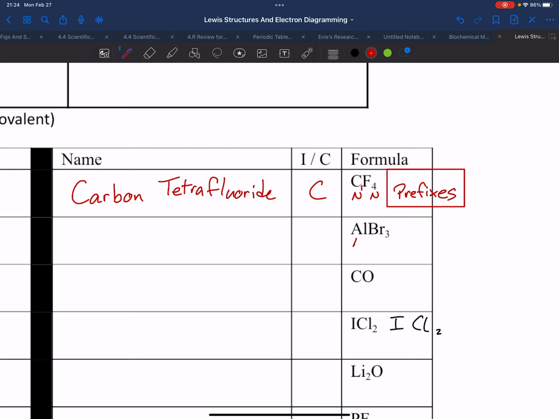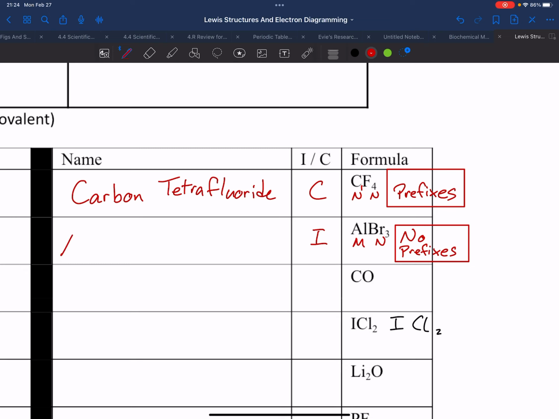AlBr3, since aluminum is a metal and bromide is a nonmetal, it's a metal nonmetal. We know this is ionic. And since this is ionic, there are no prefixes. And since there are no prefixes, you simply name the metal first and then the nonmetal with an IDE ending.